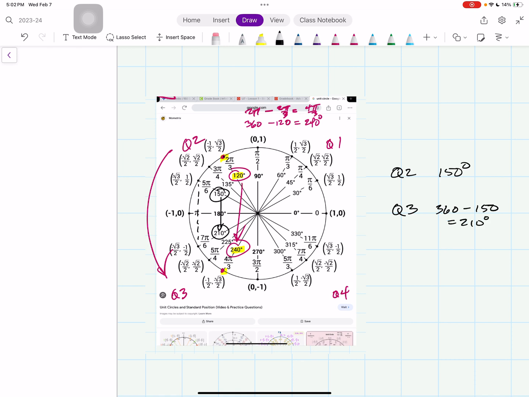That's 210 degrees. So if you're in radians, take 2 pi minus theta, whatever theta is in quadrant 2. And actually, let me write it this way. If theta is in quadrant 2, quadrant 3 would be 2 pi minus theta, or 360 degrees minus theta. That's a better way to write it.